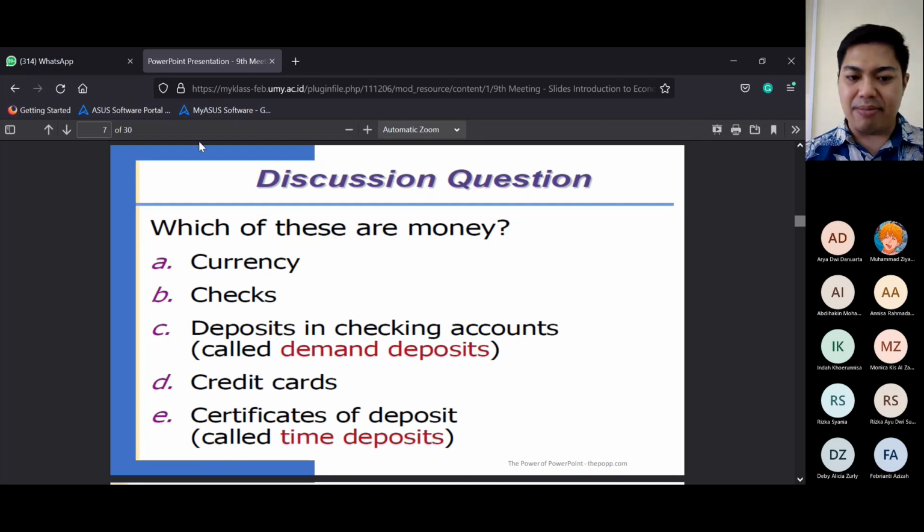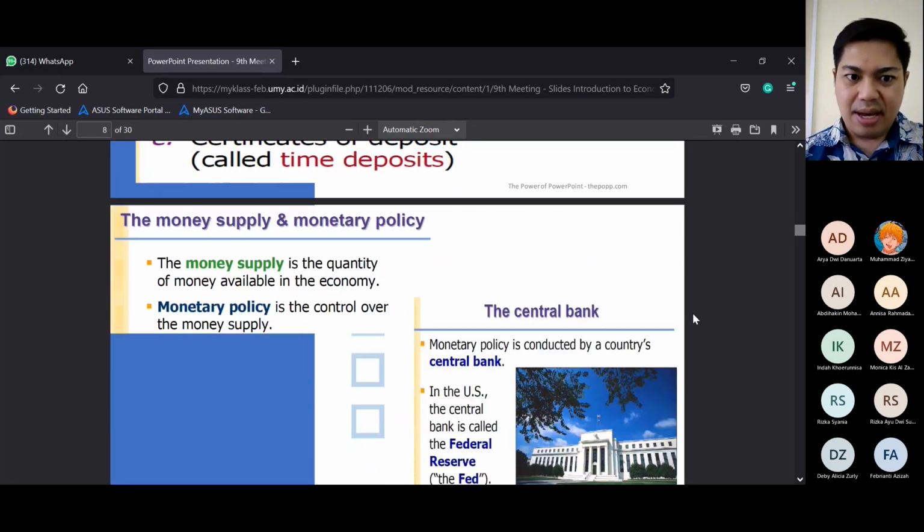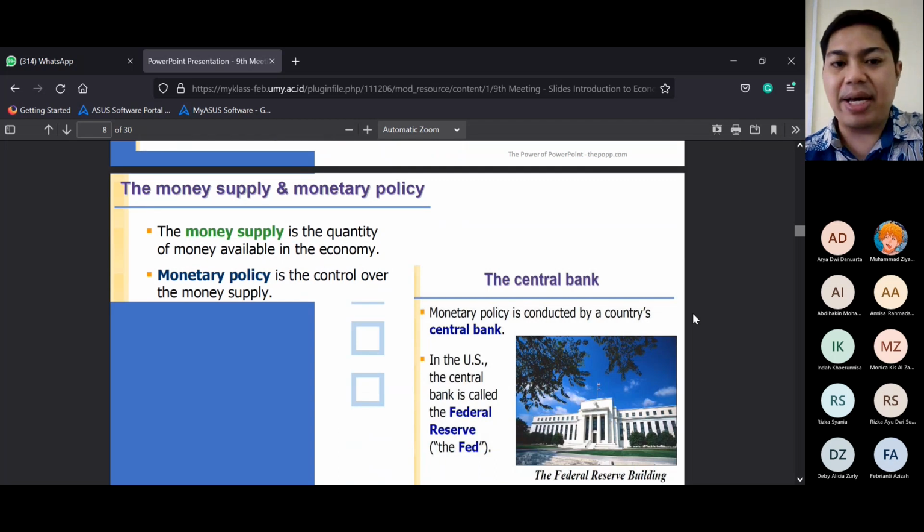Because this money can be used to exchange for goods and services. And the money here is related to the money supply. The money supply will influence the amount of money available in the economy. And we have monetary policy in order to control the money supply.